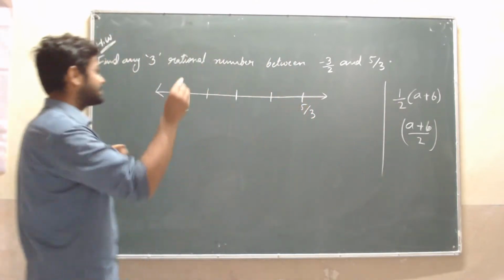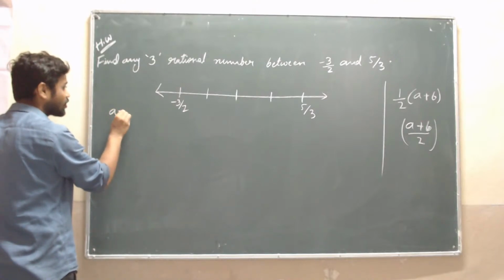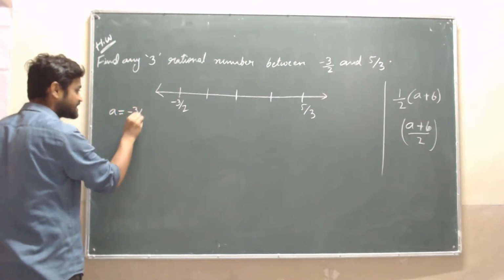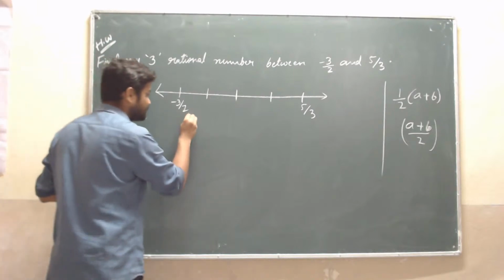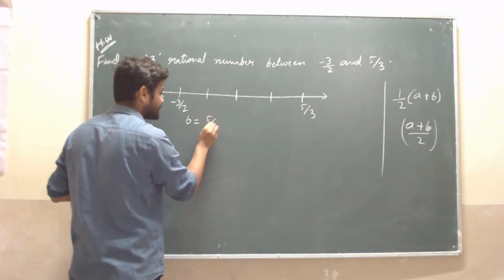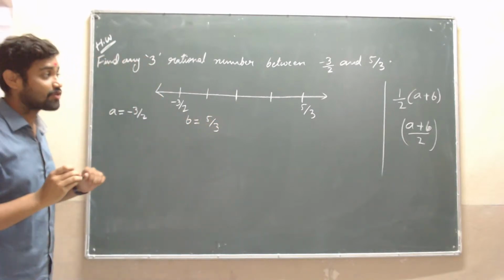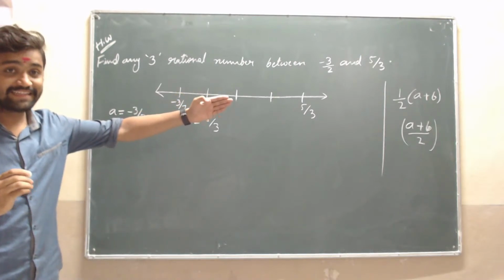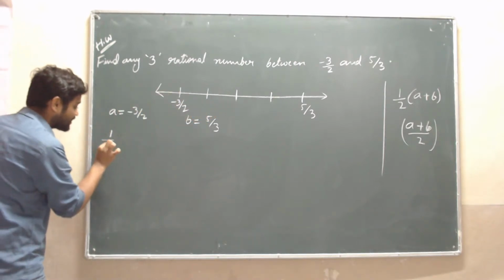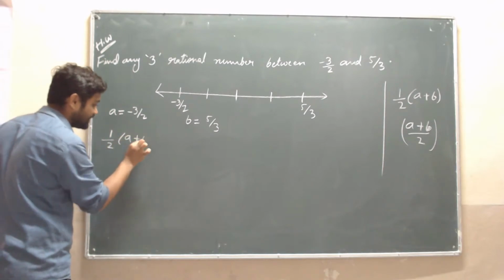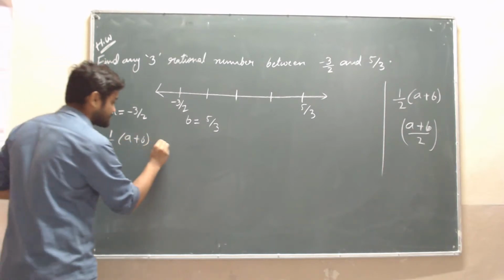Then we have a equal to -3 by 2 and b equal to 5 by 3. And what's the formula for finding a mean? That is 1 by 2 into a plus b, isn't it? Yes.